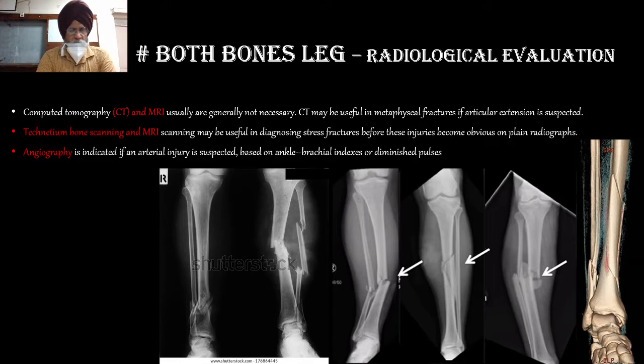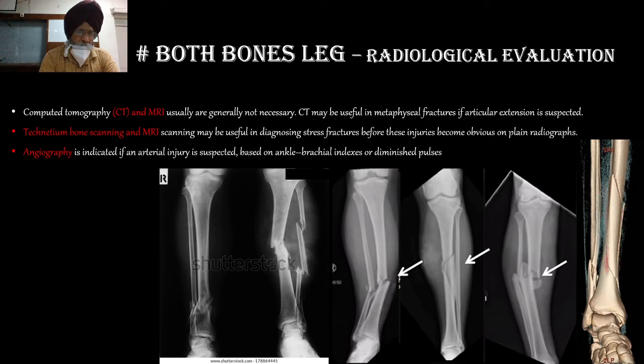Then proximal and distal fractures of both bones, that is intra-articular fractures, should be scrutinized by CT scan so as to make proper alignment of the joint during surgery.